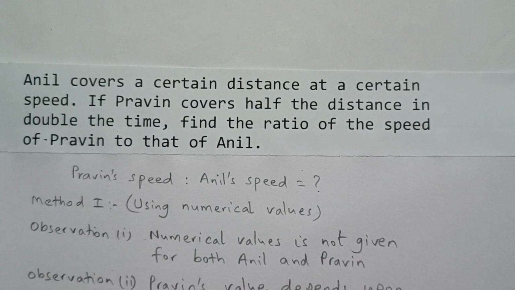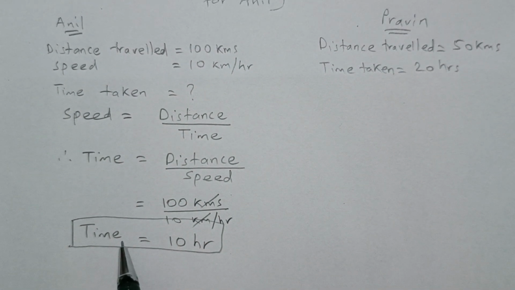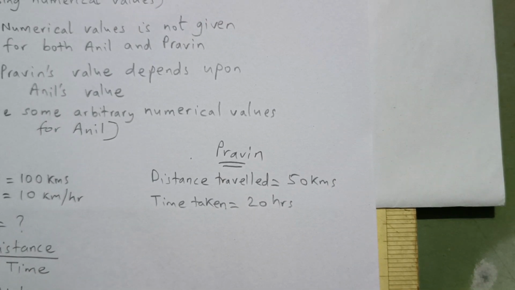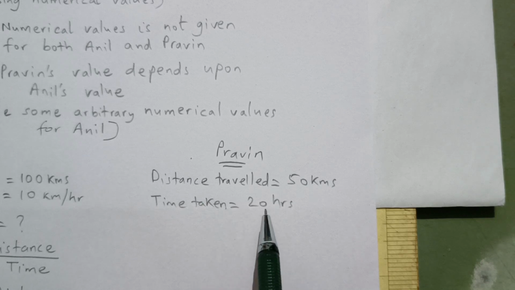Anil takes 10 hours, so double of that is 20 hours. So the time taken by Praveen is 20 hours. The distance traveled by Praveen is 50 kilometers and the time taken is 20 hours.